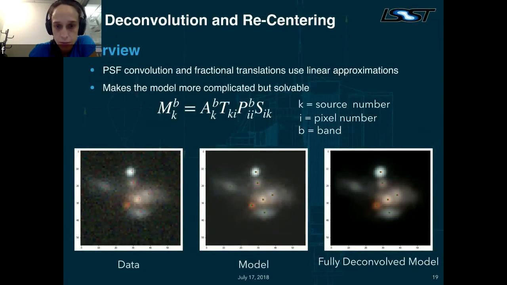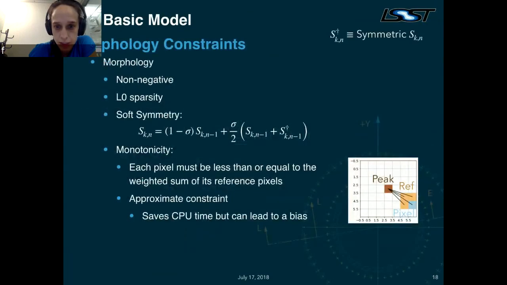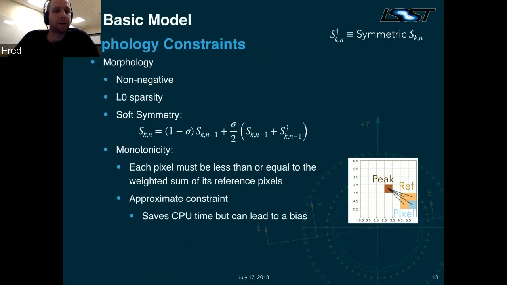I have a question from Tom Loredo. Tom is asking if there is a motivation for the L0, since L1 is probably the more common sparsity-inducing norm. Is there a computational motivation? We found that it seems to work best as far as keeping objects compact and having a consistent threshold to set. So with the L0, you're just looking at the number of pixels that you use, right?